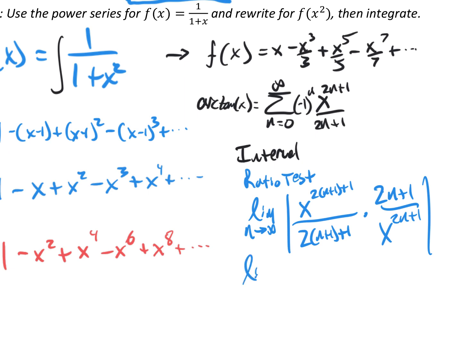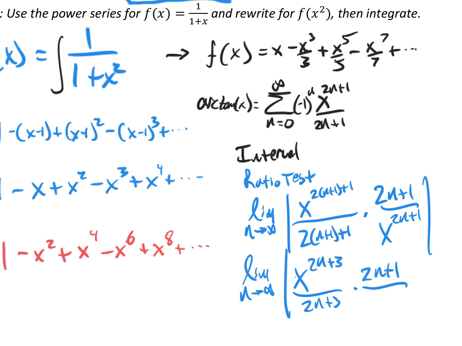Cleaning that up, we get x to the 2n plus 3, distribute that 2 and add the 1, all over 2n plus 3, times 2n plus 1, all over x to the 2n plus 1.